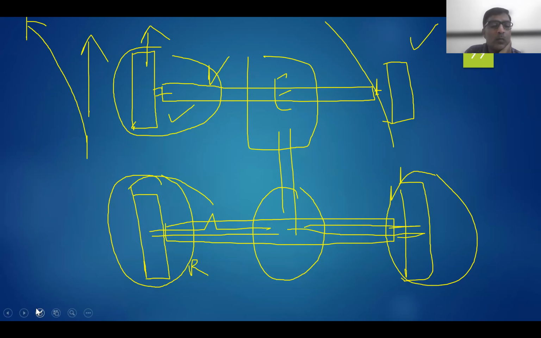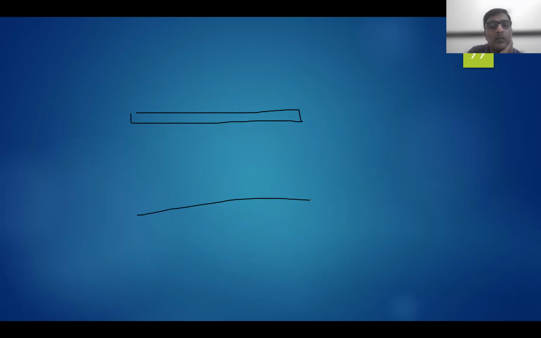For that also I will draw some of the figures. Now this is the front axle. This one is the rear axle.